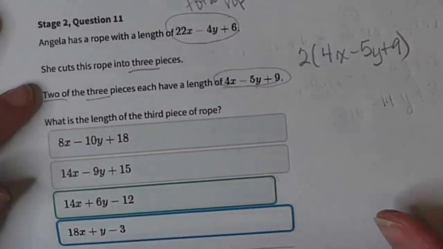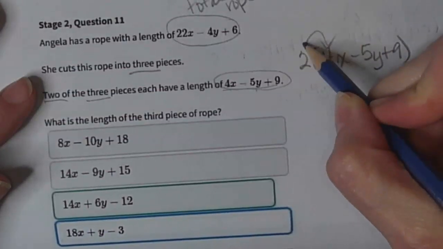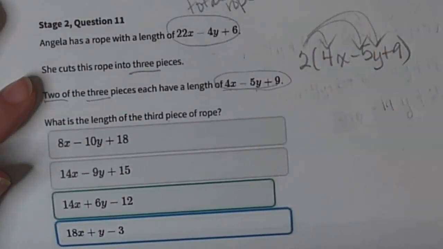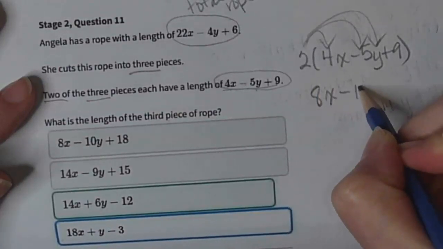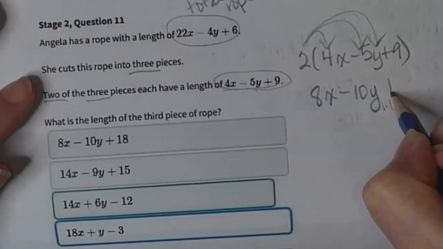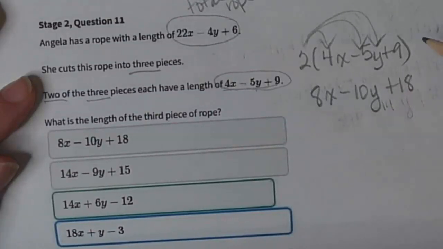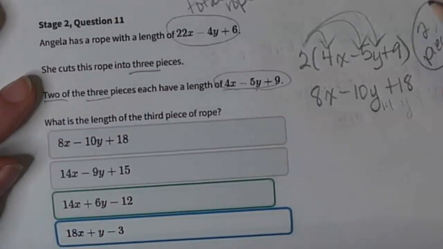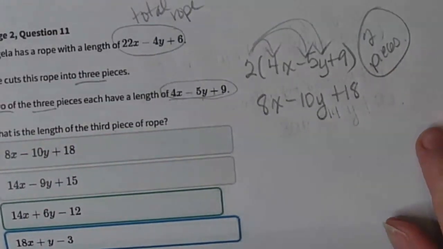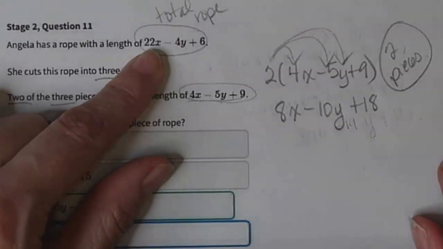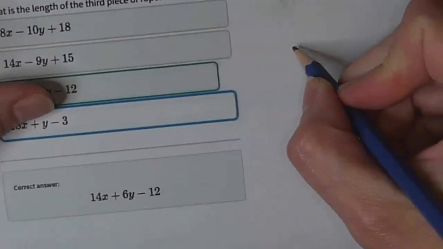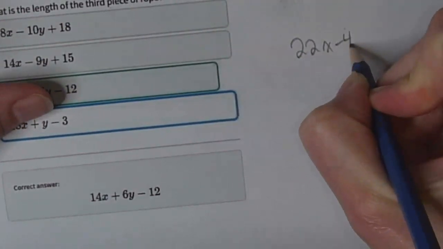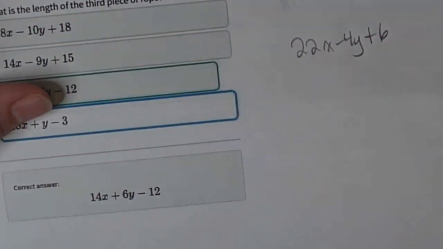There's 2 of those. So we have to distribute this, right? Anytime you see this, you know you have to use the distributive law. So I've got 8x minus 10y plus 18. Okay, so remember, this is the 2 pieces of rope equation. But this is the total rope up here, right? So now I have to subtract. So now I have my 22x minus 4y plus 6.